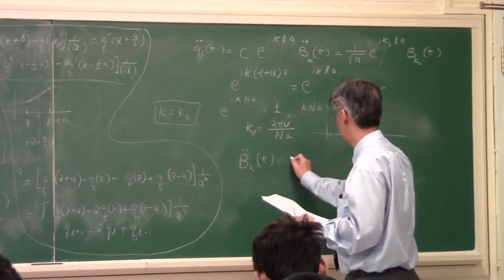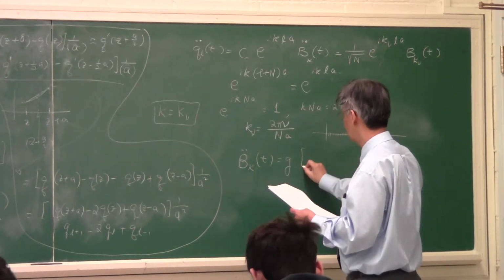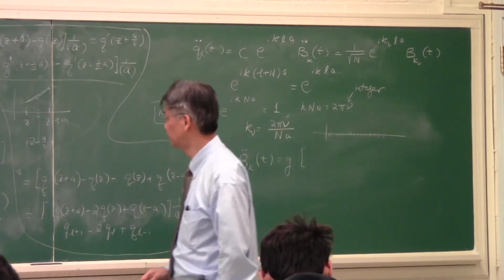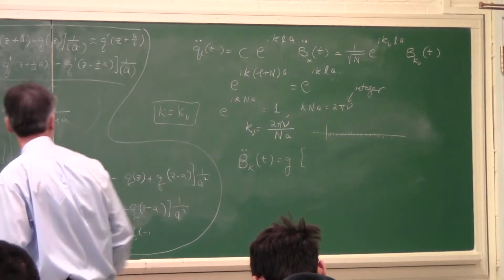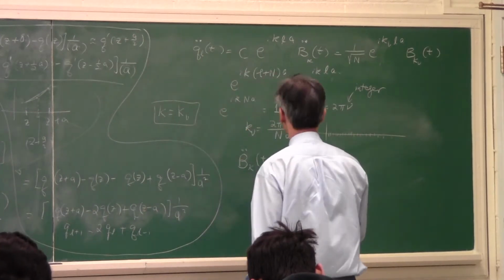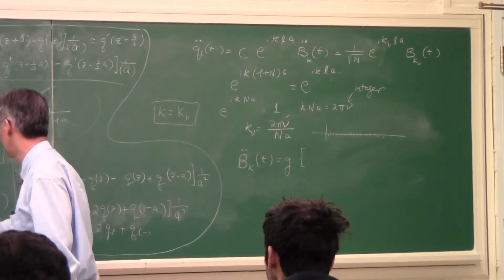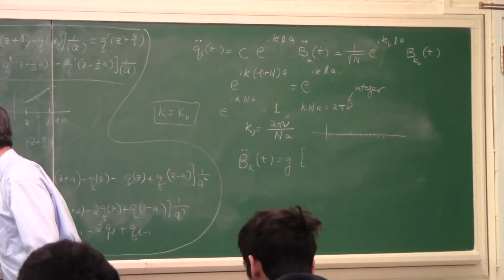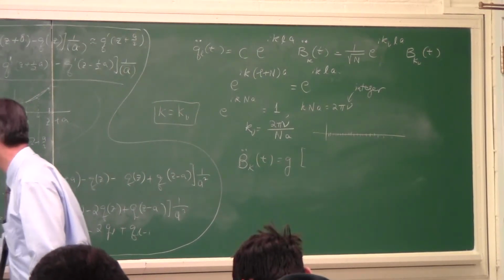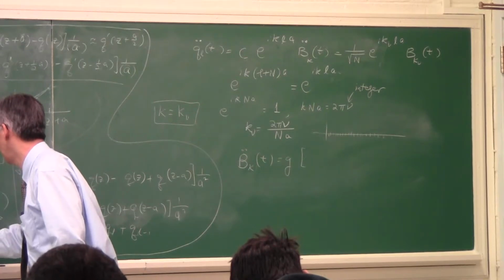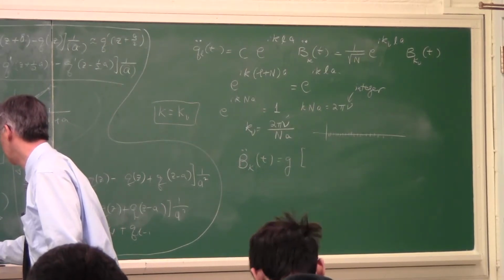It is equal to g, and then if I plug this in to here, I will have the fact that if q_l is something of this form, q_{l+1} would be just equal to e to the i k a times q_l.